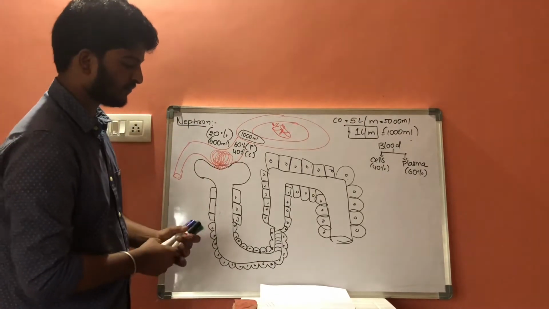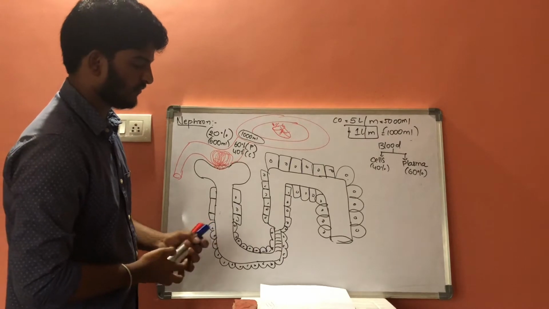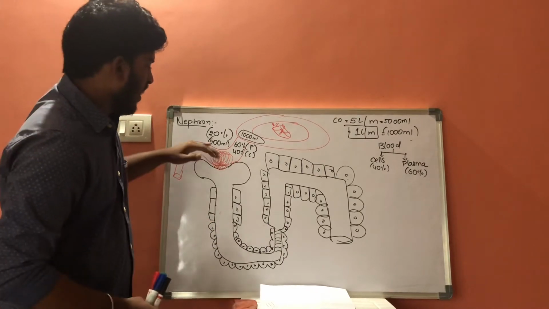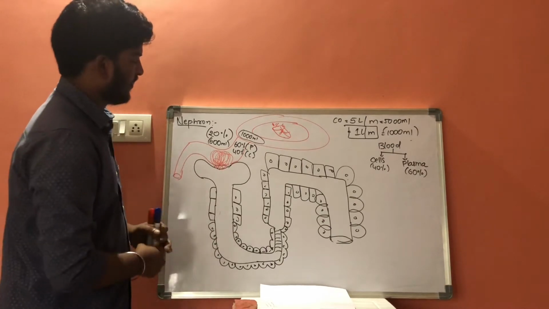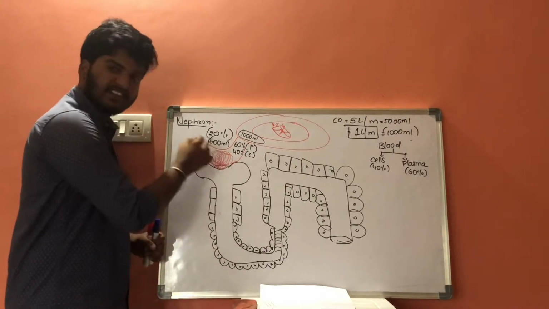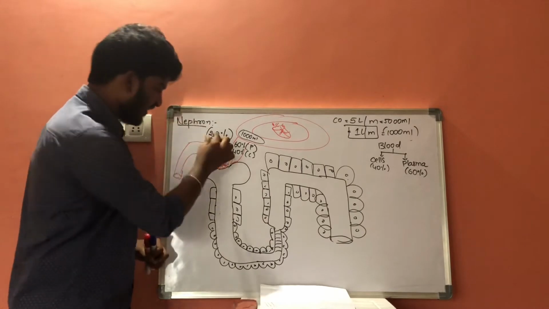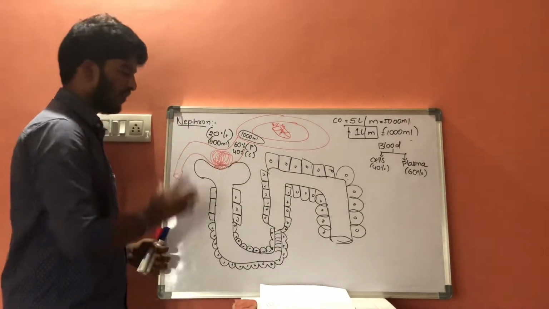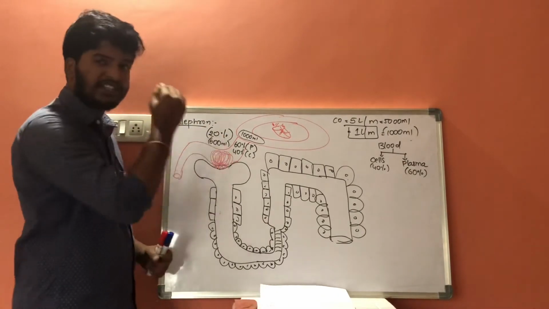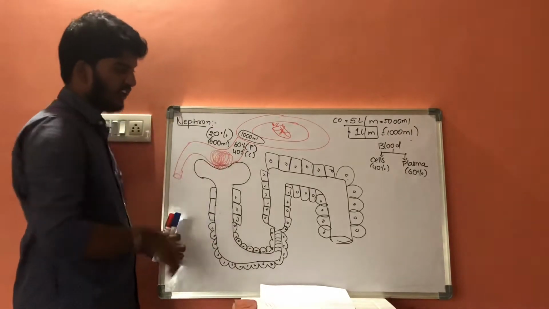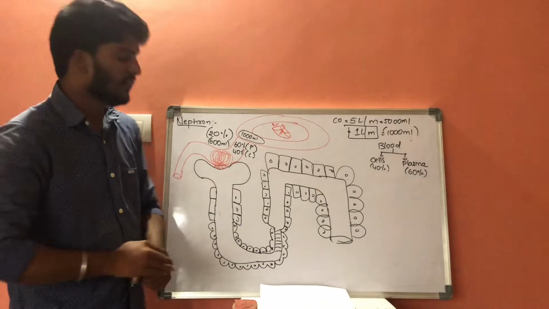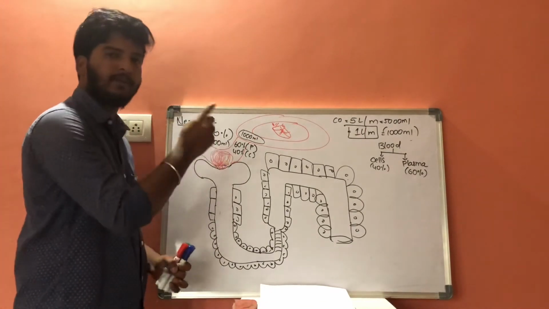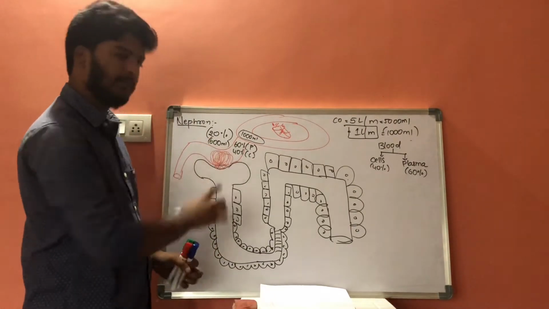Now let us consider this 600 ml of plasma is entering inside the nephron. This 600 ml is not completely utilized. Some amount of the plasma will be wasted and some amount of the plasma will be utilized.